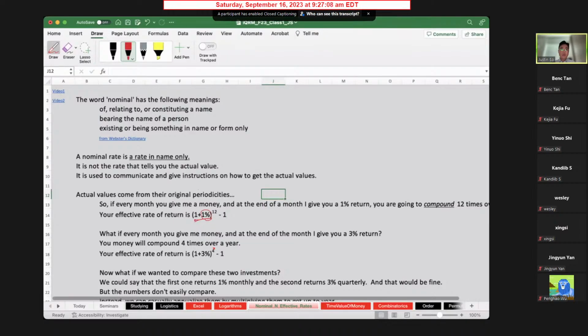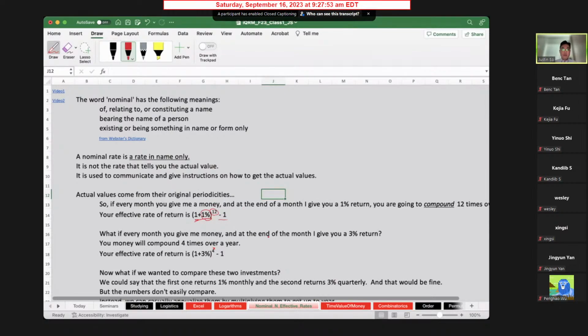The reason we have 1 here is because we want to include the principal, and then power of 12, which means it's multiplied 12 times. So think about it, only 2 months. How do you calculate how much you earned in 2 months? It's 1.01 times 1.01. That's the amount you earn plus the principal amount. And at the end, you subtract 1 to take out the principal amount to calculate what is actually interest only, the percentage.